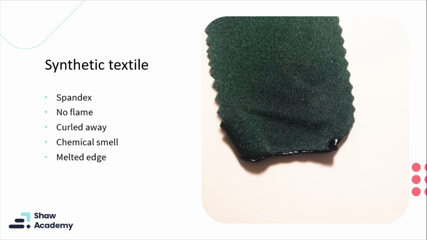Like I said before, these results will never be 100% accurate because every fiber is different and it also relies on your textile knowledge. It can, however, guide you in the right direction and help you determine whether the fabric is natural or synthetic.